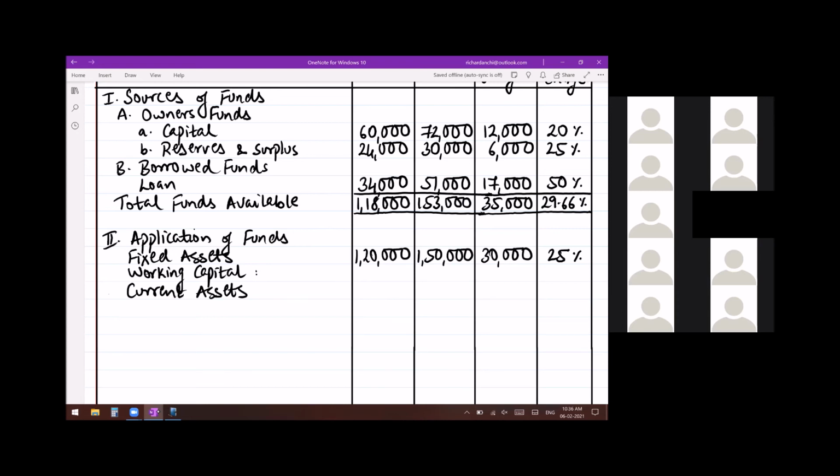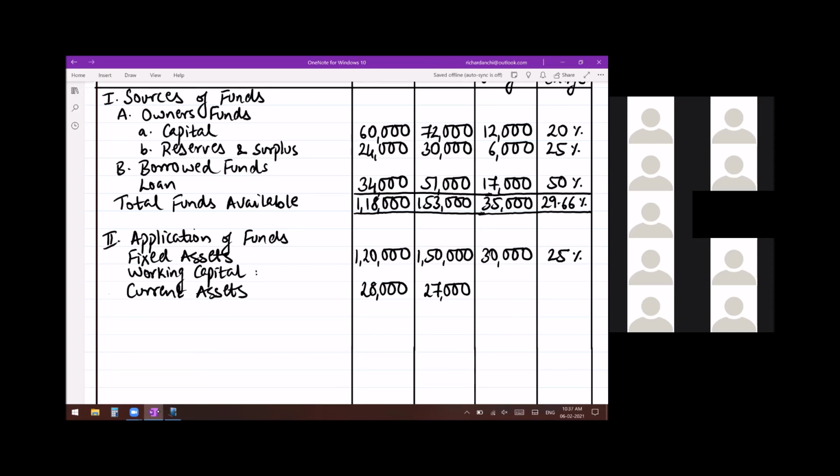Current assets in 2018, 28,000. 2019, 27,000. For the first time, asset is decreasing, from 28 it has become 27. What is the change?